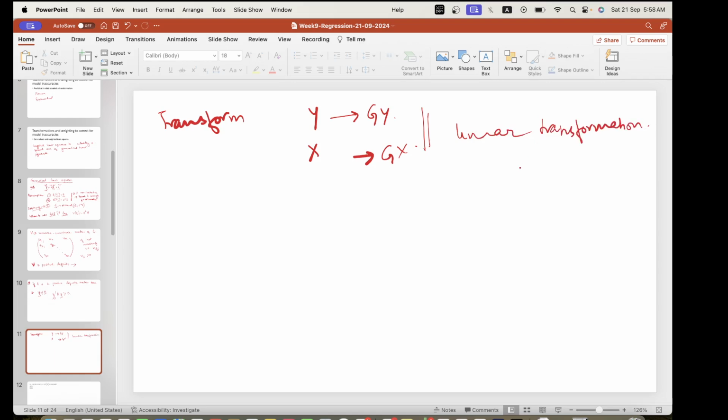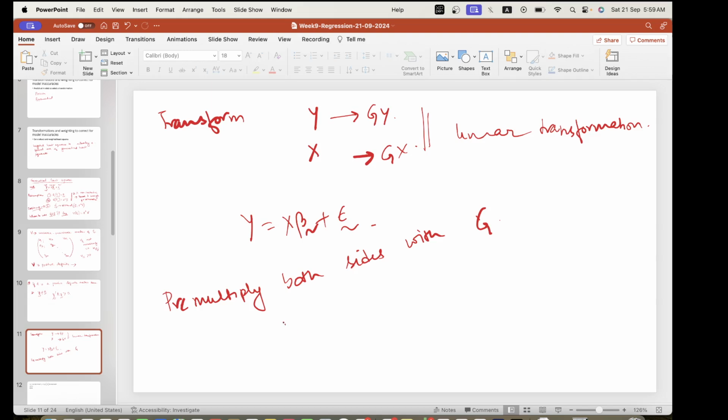Now once we do that, our model becomes, or rather I would say, if we write this and then pre-multiply both sides with G. So what do we have then?